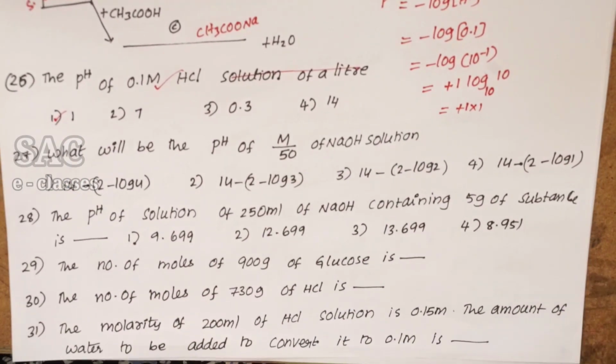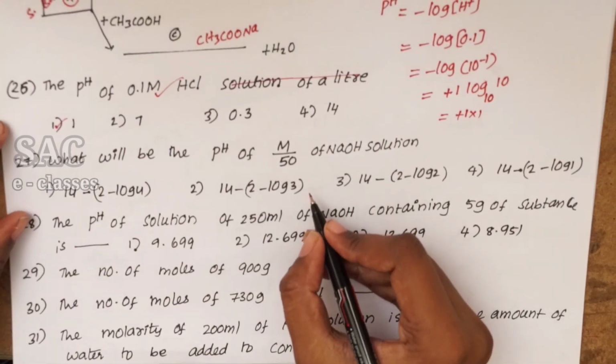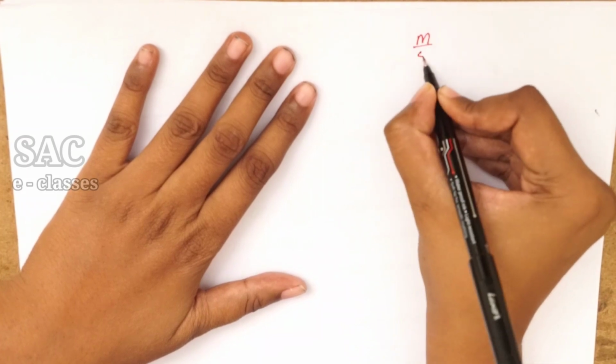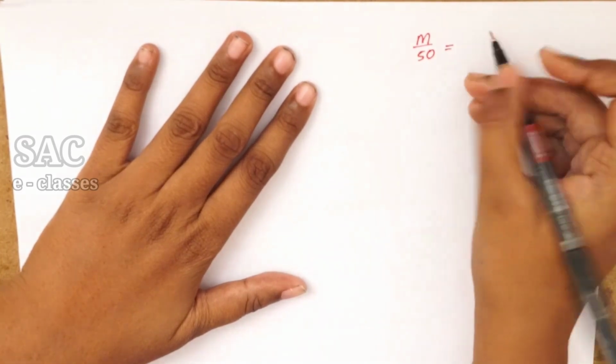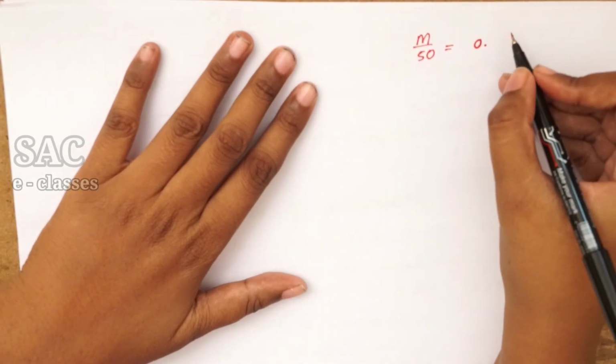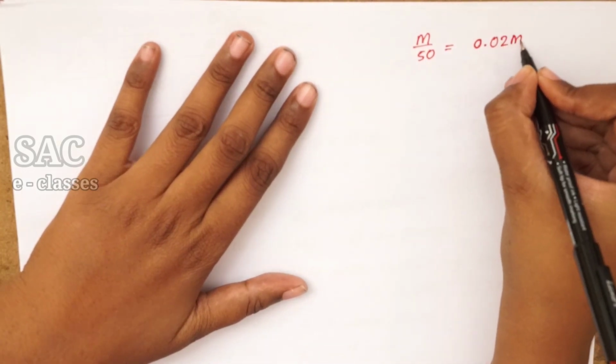Now what will be the pH of M by 50 NaOH solution? M by 50 can be written as 0.02 molar.